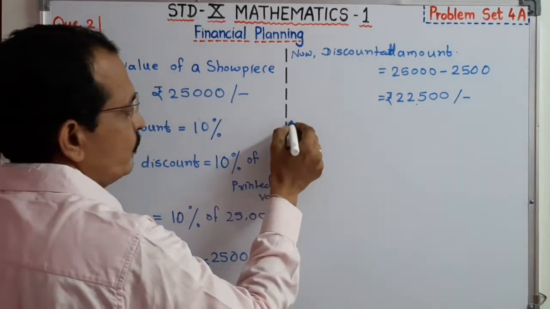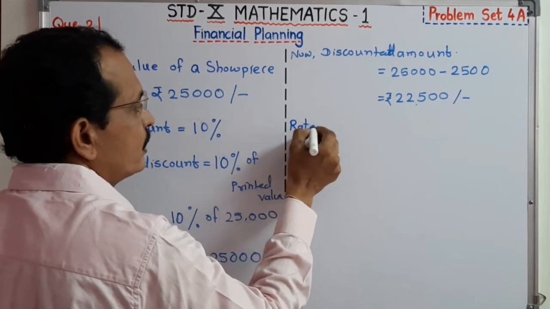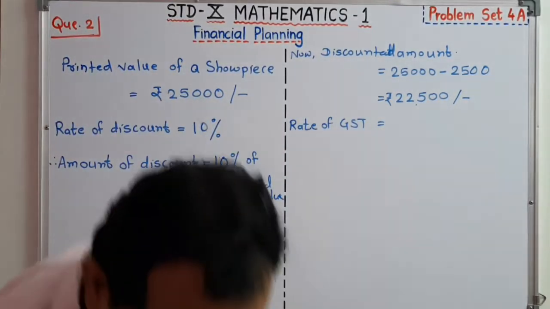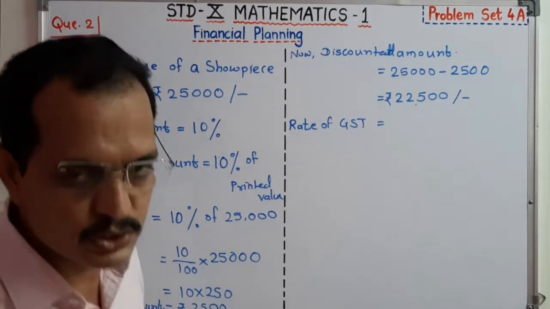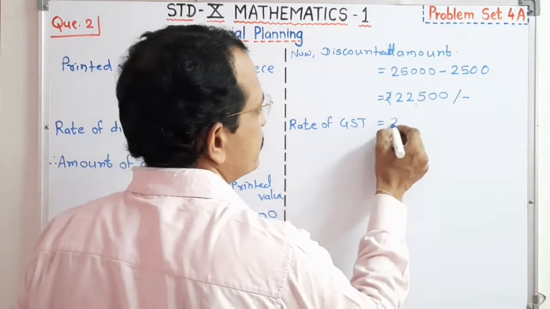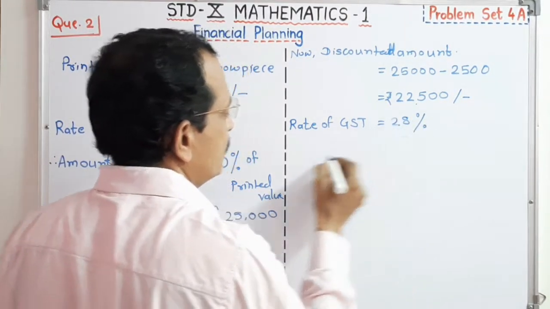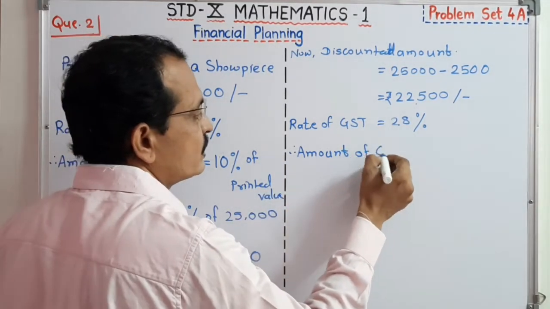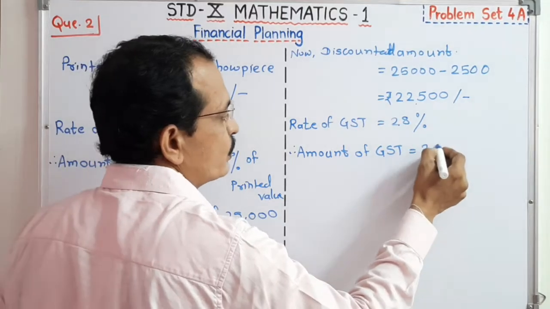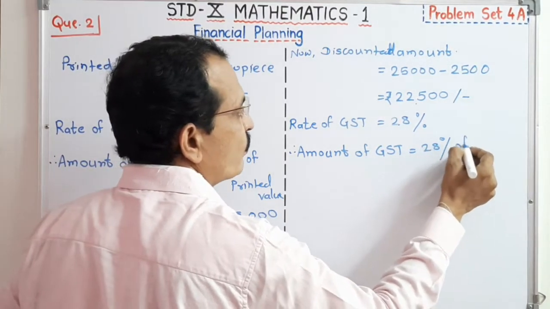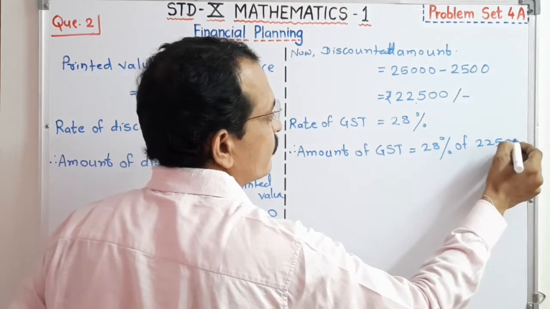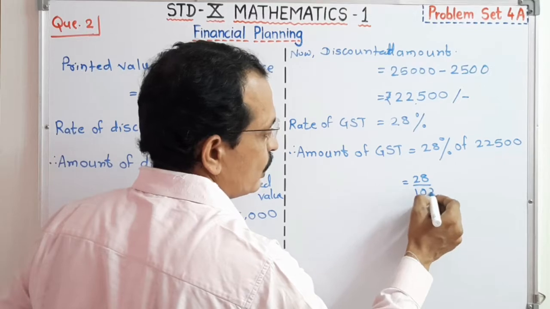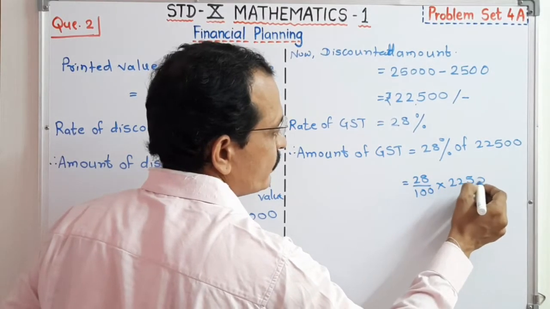Now we have to find out the GST. Therefore rate of GST is equal to, dear student, how much percent? It is 28%. Rate of GST 28%. Therefore amount of GST is equal to 28% of 22,500. Now we have to find out 28% of 22,500.